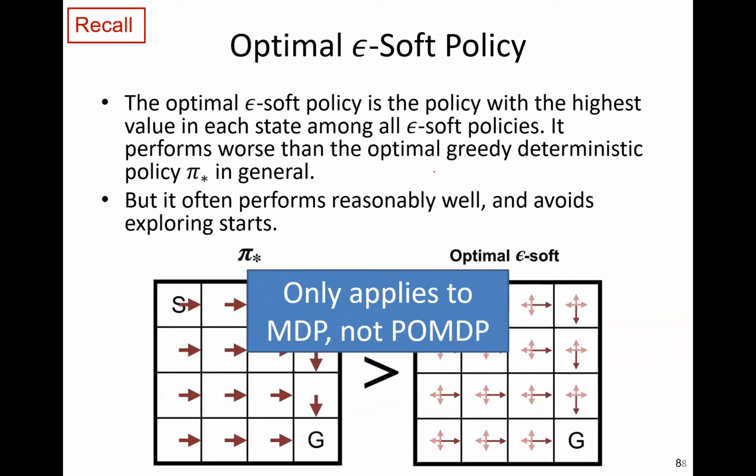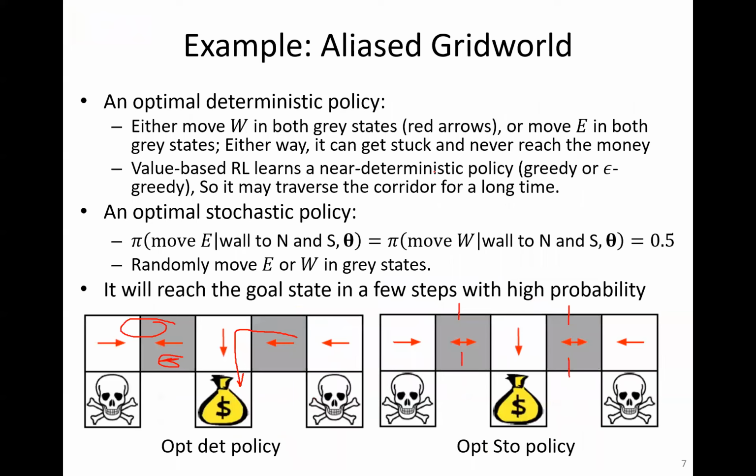If the agent can see its exact location at every step, instead of the features of walls on either side, then it can have a greedy optimal policy. But for POMDP, the greedy policy is not good.